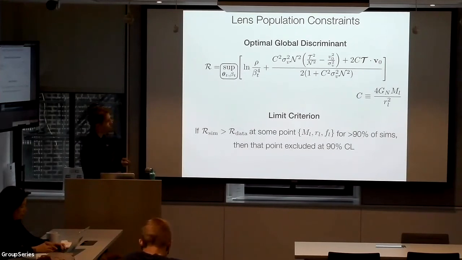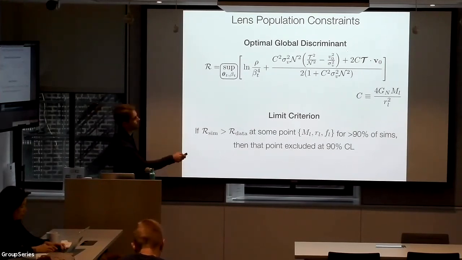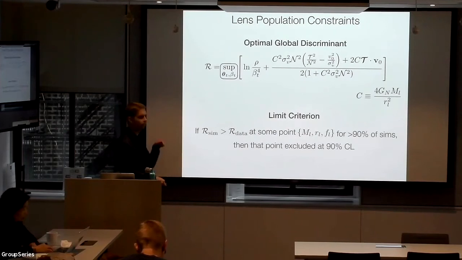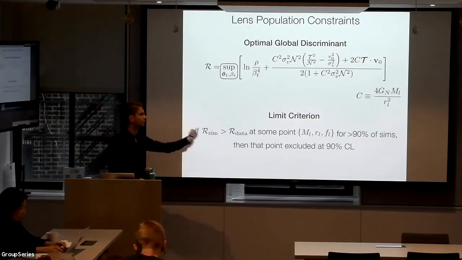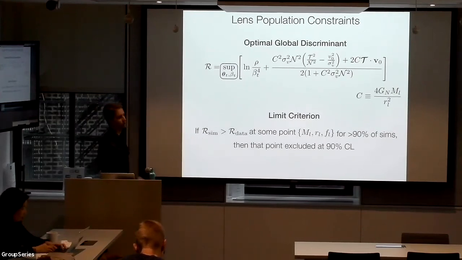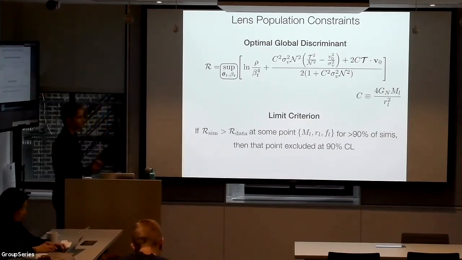The expression looks a bit complicated, and this is to optimize our sensitivity, so you can take into account the fact, for example, that we're moving through the Milky Way with some velocity, so there's actually a preferred lens velocity direction. And you can also introduce nuisance parameters, or if you do the full likelihood, some locations are more likely than others, and in particular along the line of sight. Most of the volume is at large distances, so at small angular sizes of the lens. So this is the optimal test statistic.